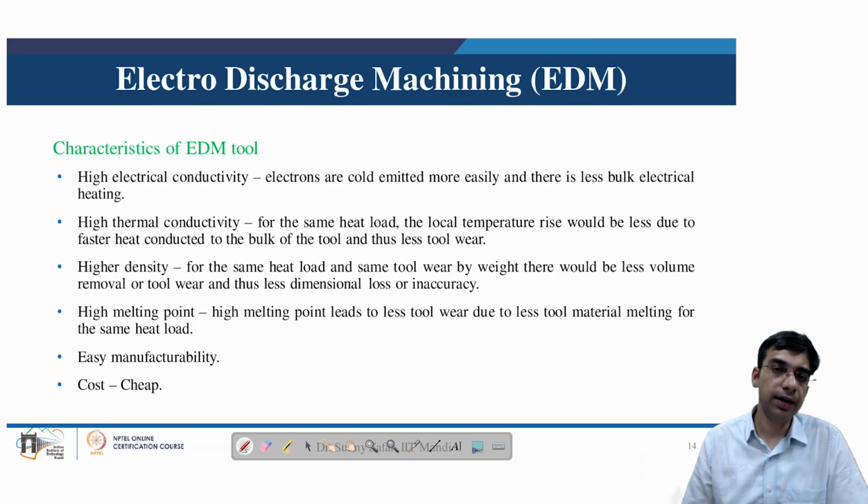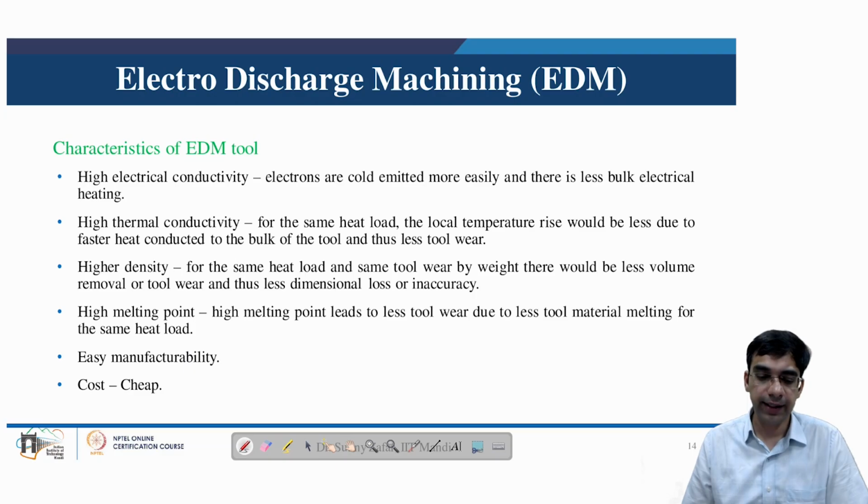High electrical conductivity in the tool is needed for easily emitting the cold electrons while it is cold, and there must also be less bulk heating in the tool. The thermal conductivity of the tool should also be high so that it can quickly dissipate heat without local rise in temperature, and this will ultimately lead to less tool wear.